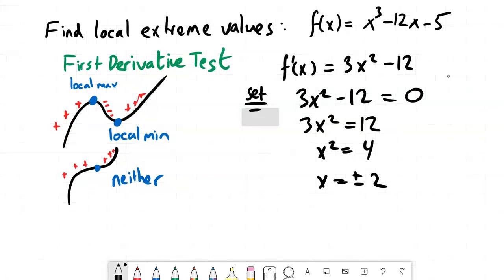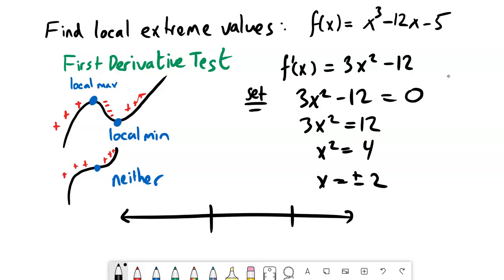And now with this, we can start looking at a number line. We found the critical points to be here and here. I'm just going to choose two arbitrary points, one on the left and one on the right. Notice that it separates this number line into three regions: this region right here, this region right here, and this region right here.